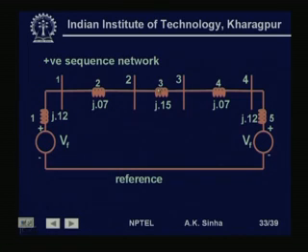This is the transmission line, its positive sequence reactance is 15%. This is the transformer T2, its positive sequence reactance is 7%, and this is synchronous machine 2, its positive sequence reactance is 12%. Now, we have numbered these elements 1, 2, 3, 4 and 5, and sequentially we will build the Z bus matrix for this system.